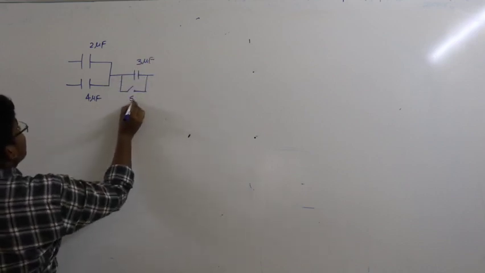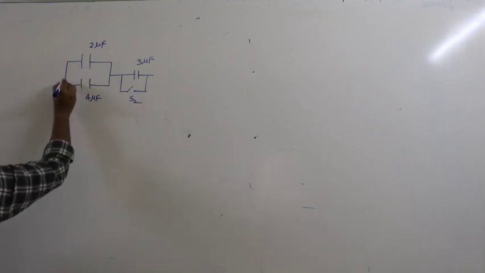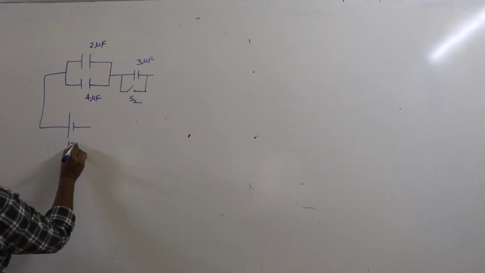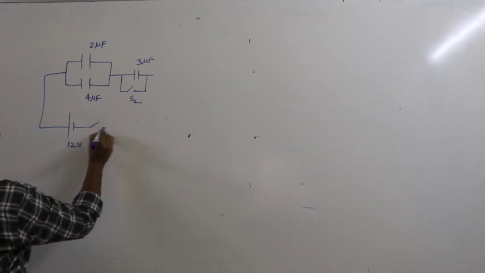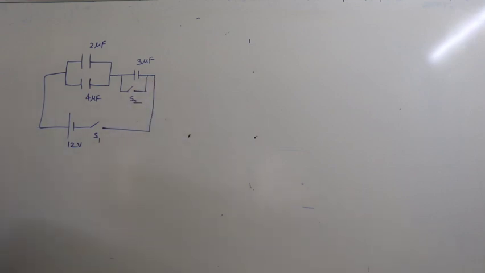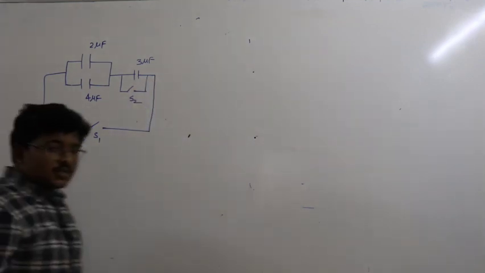This switch is S2, and these two capacitors are connected to a battery of 12 volts through another switch, S1. So this is the circuit.